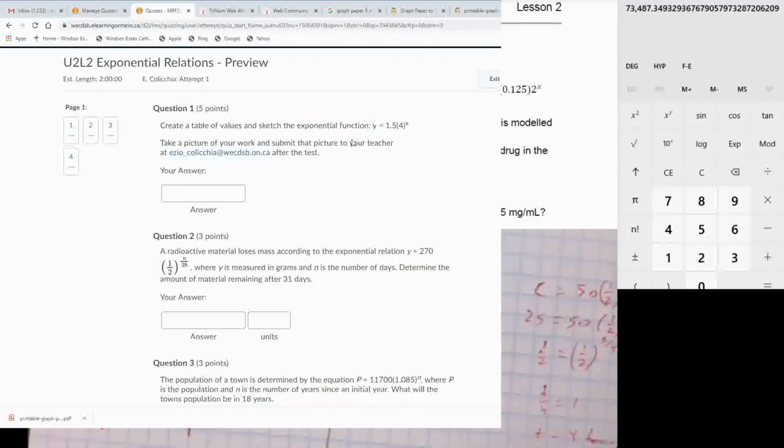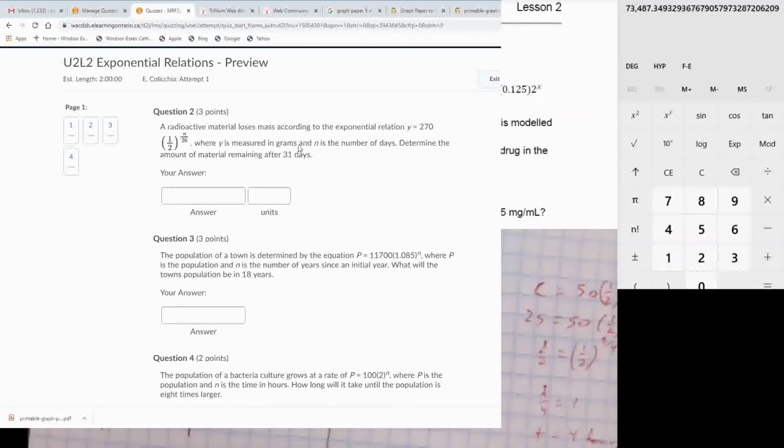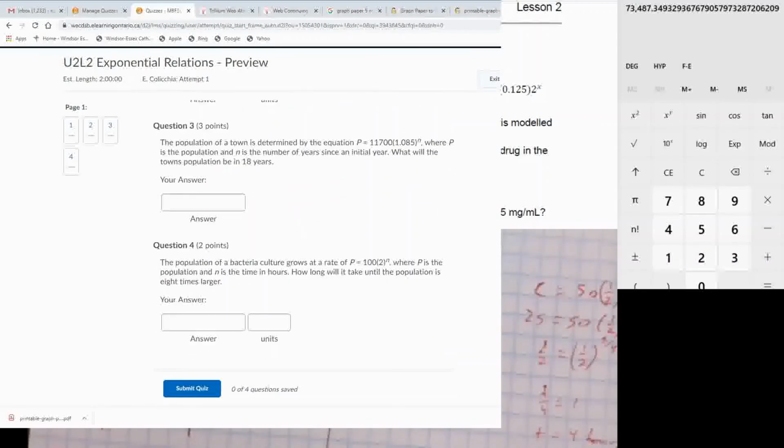You'll have to sketch something like this. Then you'll have to answer some exponential relation questions, just like these here. And I'll work through the last one with you.